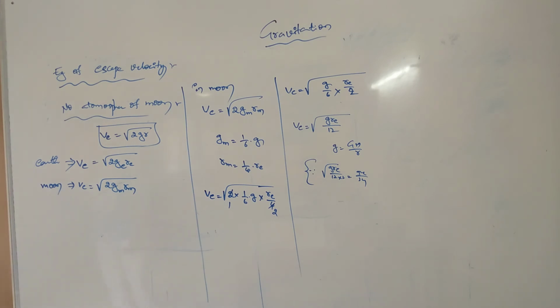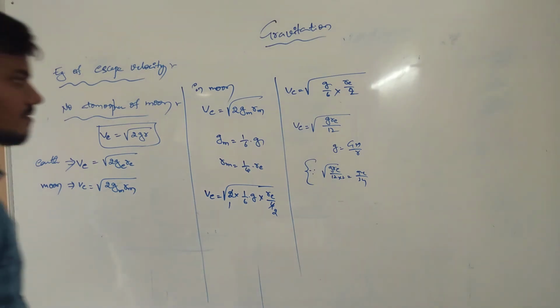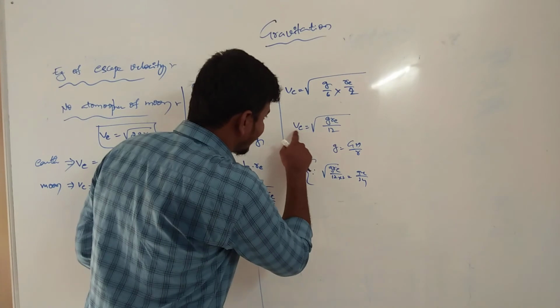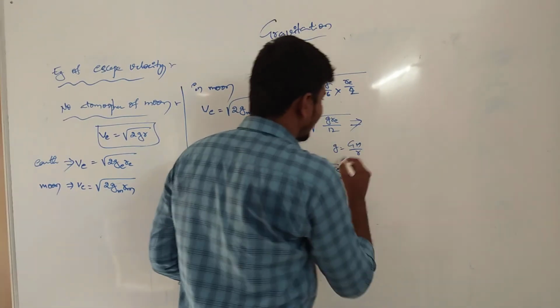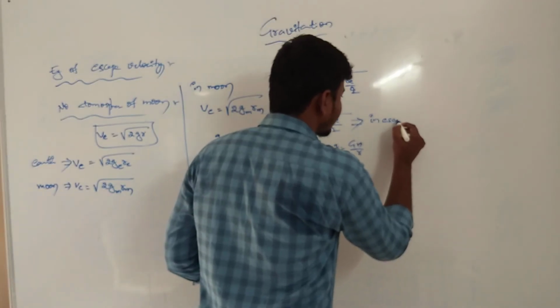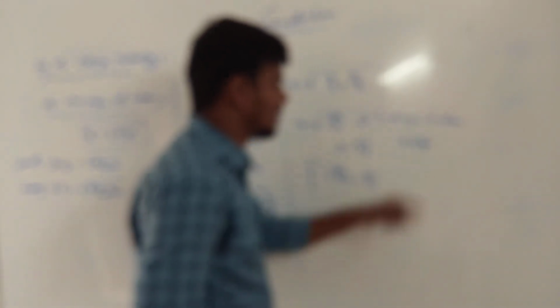Clearly, now these are the secondary positions we can introduce. Now VE is equal to the square root of GRE by 12. Clearly, these are applicable in escape velocity, the square root of 2GR.